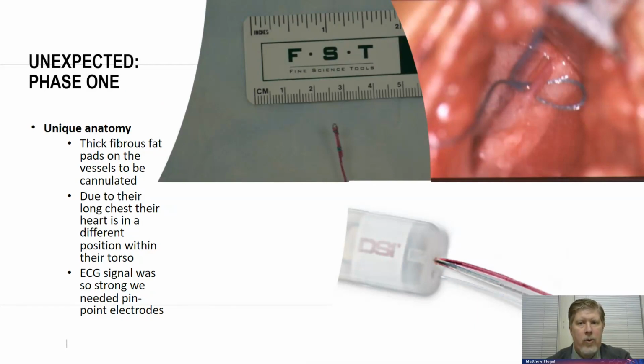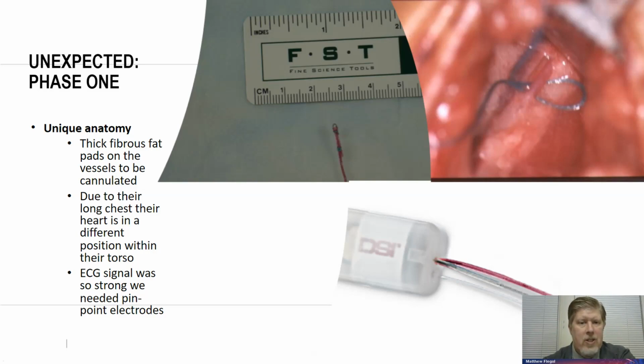And we encountered a whole host of unexpected things. The first is you have to cannulate an artery. You put a pressure cannula in place to be able to measure the blood pressure. You want an arterial line. Usually that's fairly straightforward, but in a ferret, it wasn't.